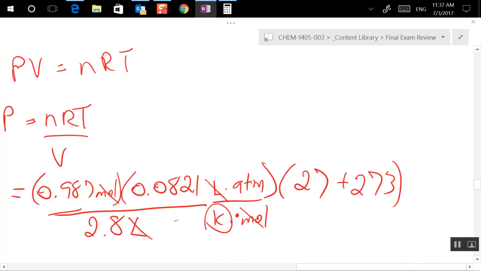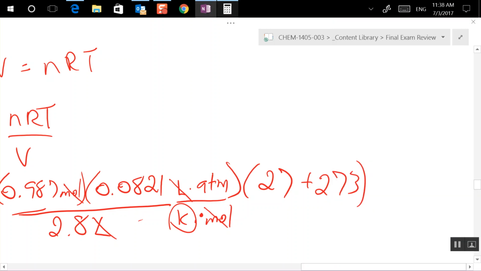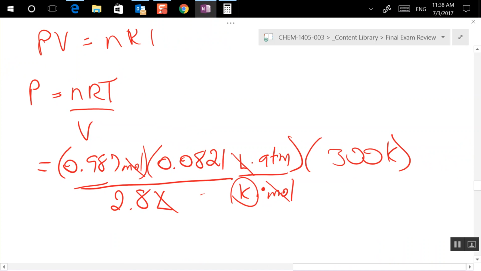273 plus 27, and I get 300 Kelvin, and my Kelvin temperatures cancel. So now I just simply have to do the math, right?